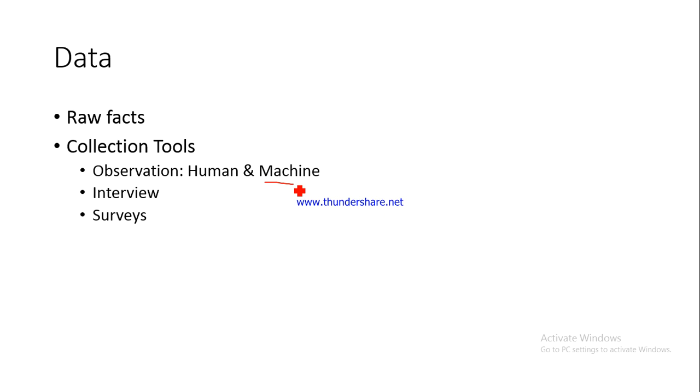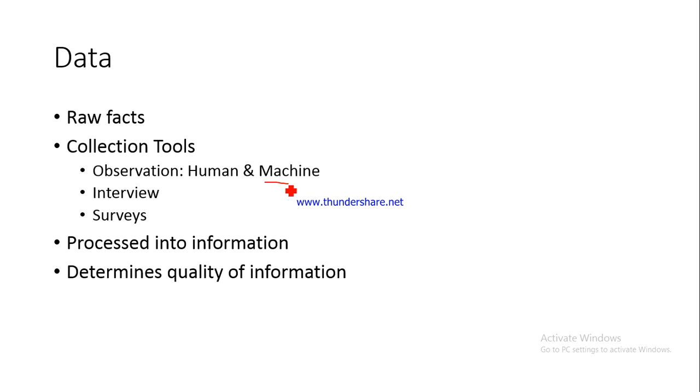It would basically be keeping a record of what all products you have purchased by scanning the barcode on the product, right? So this again is an example of machine observation, and as I said, machine observation is also used for collection of data. Then as I said, data has to be processed into information, otherwise it is of no use.